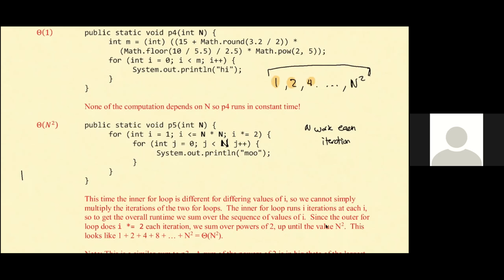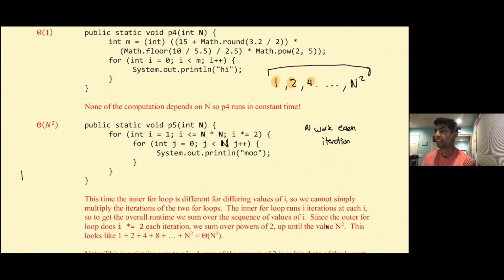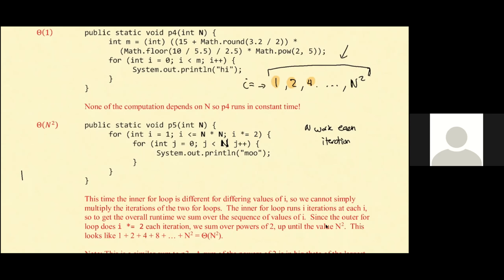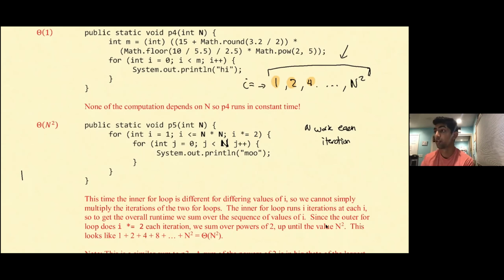Got it. Okay. So the easiest way to think about this is these are the values of i that are changing over time. We need to figure out the total number of terms that are here. That's the total number of iterations that we're doing.